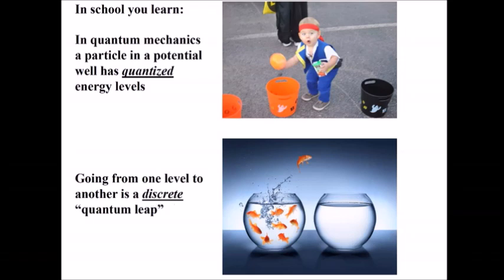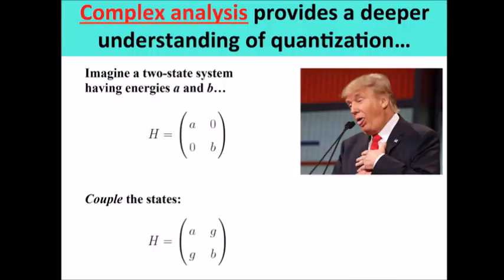It's a jump. You go from one energy level up to another energy level, okay? But complex variable theory, complex analysis, explains that much, much, much better, okay?